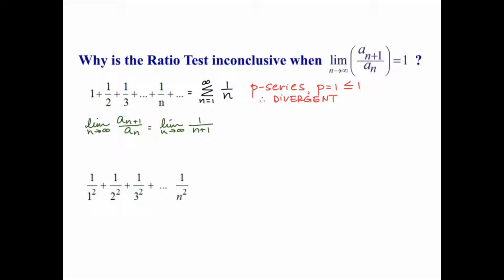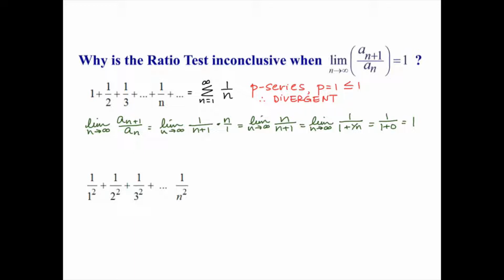And if I divide by 1 over n, which is the same thing as multiplying by n over 1, I get the limit as n approaches infinity of n over n plus 1, dividing by the highest power of n in the denominator, that's 1 over 1 plus 1 over n, which equals 1 over 1 plus 0, or 1 when I apply the limit.